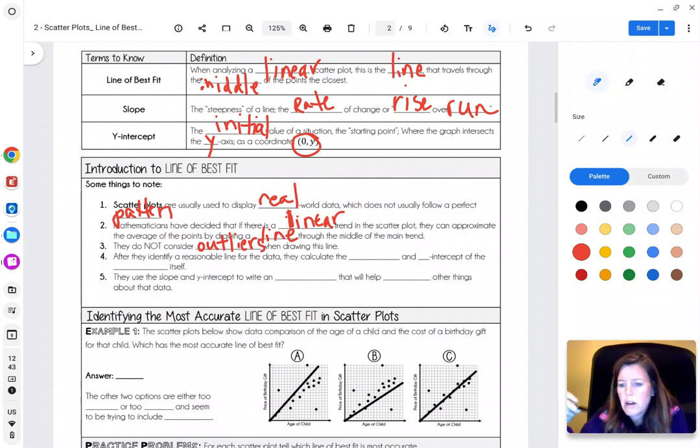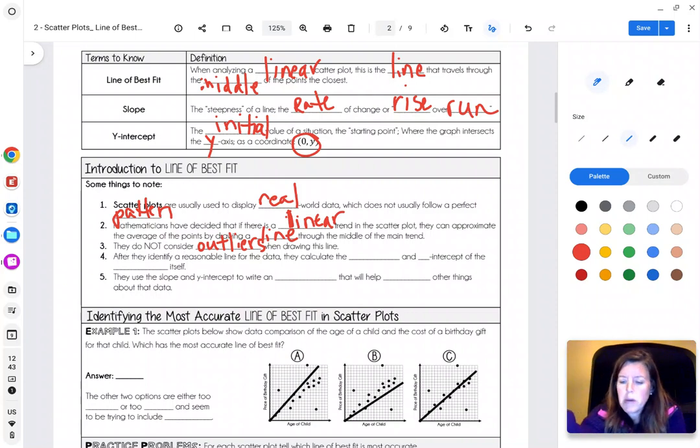If you have an outlier, we'll look at these plots down here at the bottom. We don't try to get that outlier in our line because it's an outlier. So if most people are saying, yeah, I studied 4 hours for the test and I got 100, and then you've got people that studied 0 hours and they got a 50, that's usually your trend.